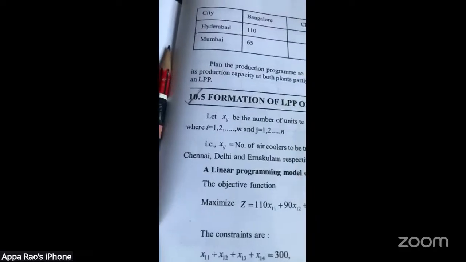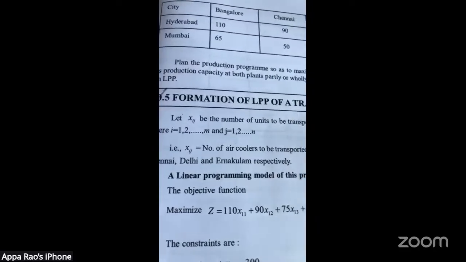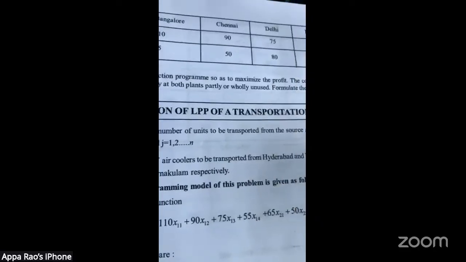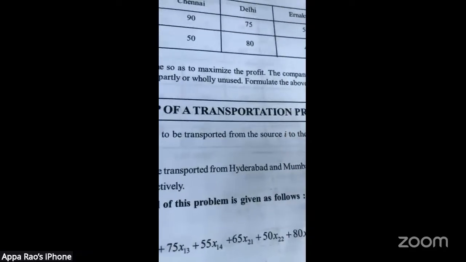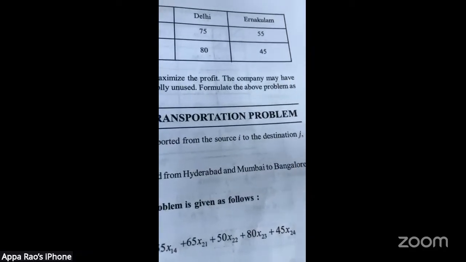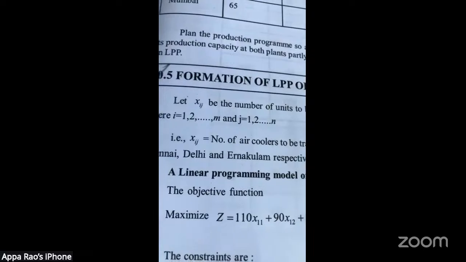Linear programming problem. Let Xij be the number of units to be transported from source i to destination j, where i equals 1 to m and j equals 1 to n.